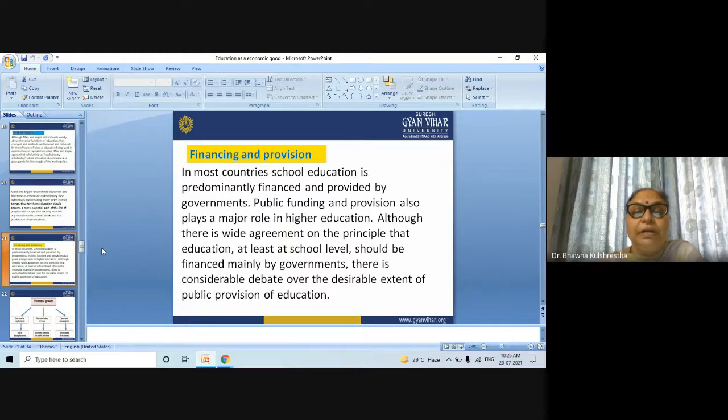Public funding and provision also play a major role in higher education.